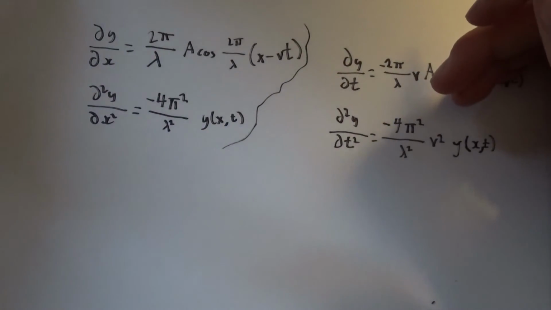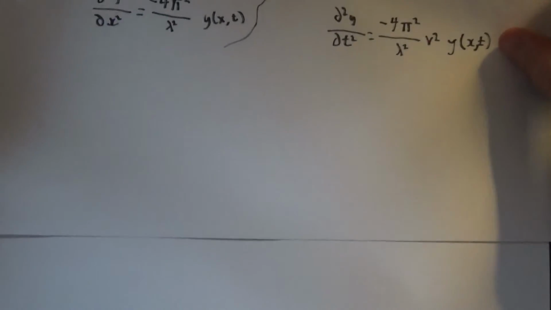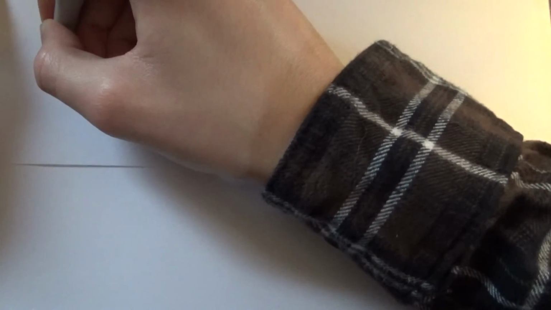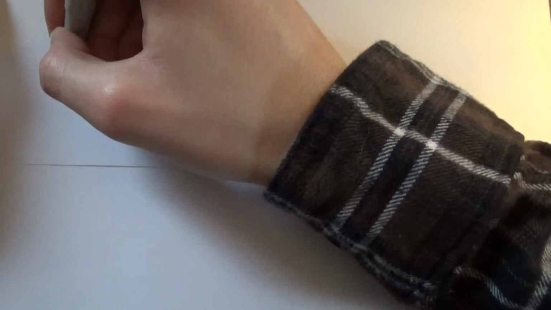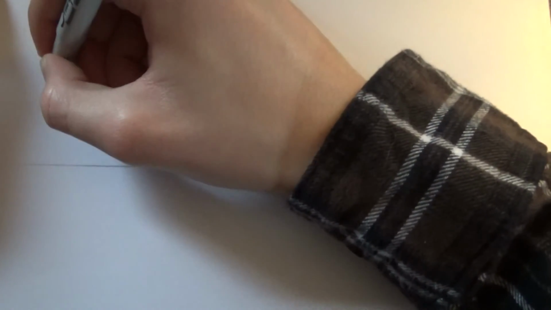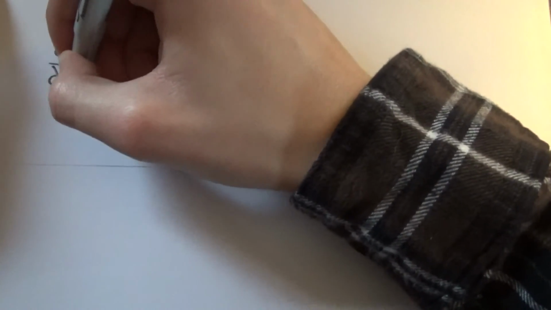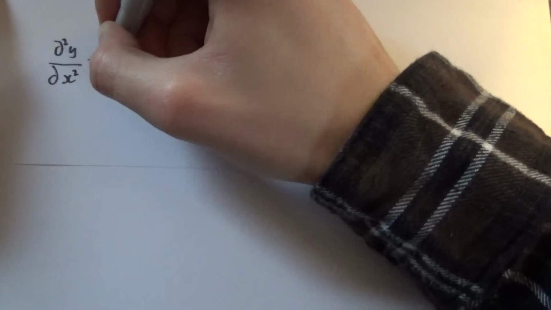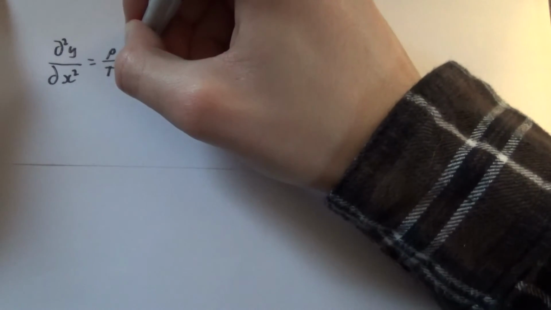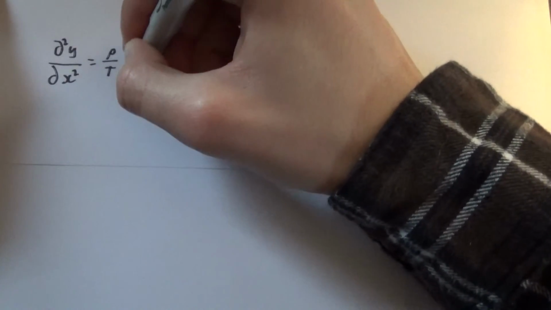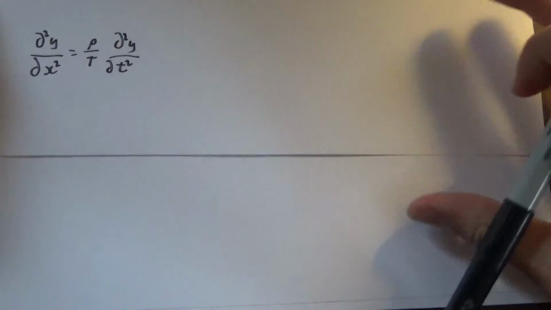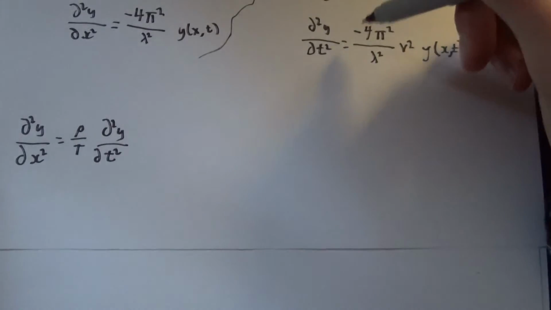Now what we have to do is plug them back into the original equation. So let's do that down here. We have the second derivative of y with respect to x equals rho over T times the second partial of y with respect to t this time. So now let's plug in these values we have up here.